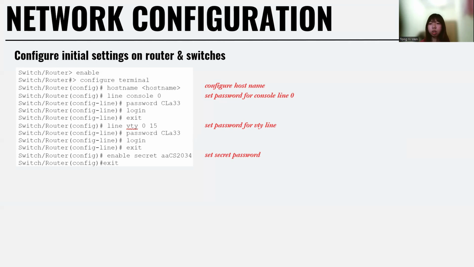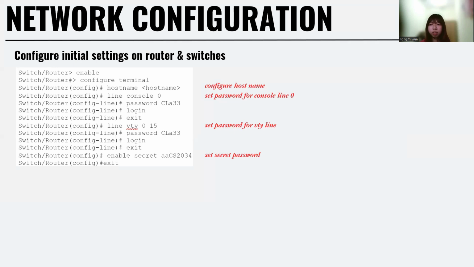Next, type line console 0 to set a password for the console, and set the password as CLA33. Next, type login to require password checking during login. Then type exit. Then set the VTY password.